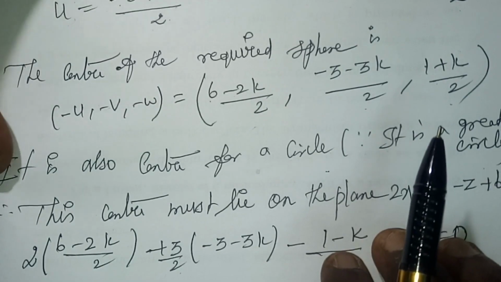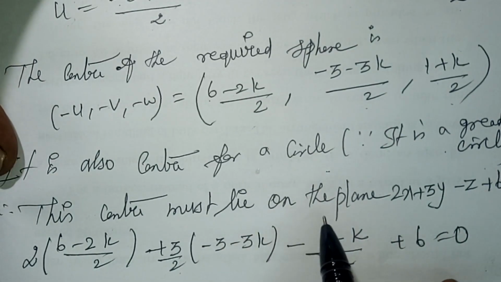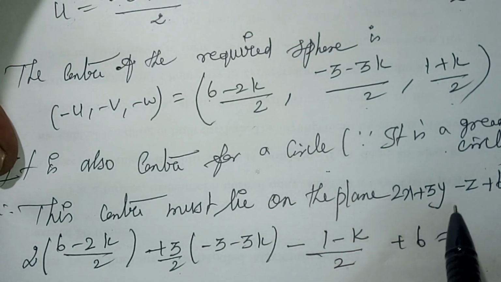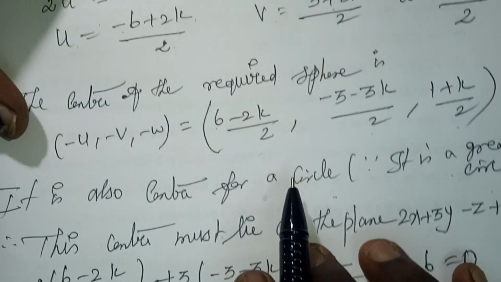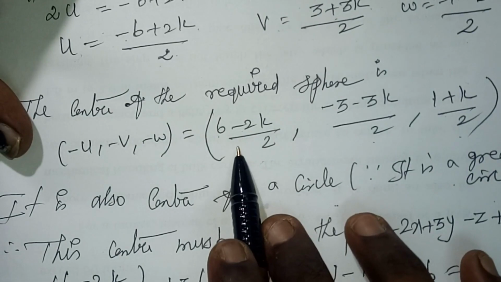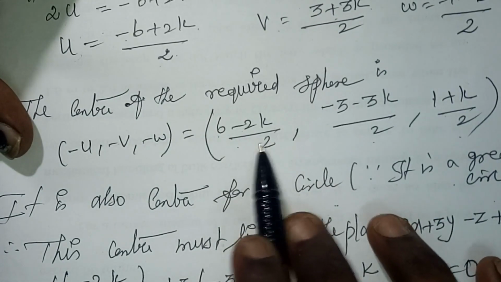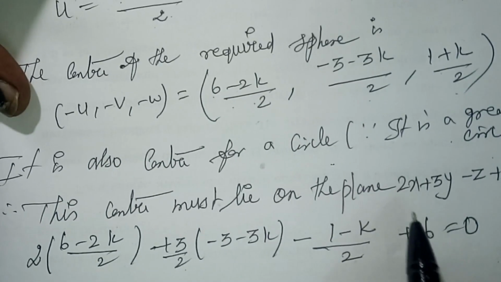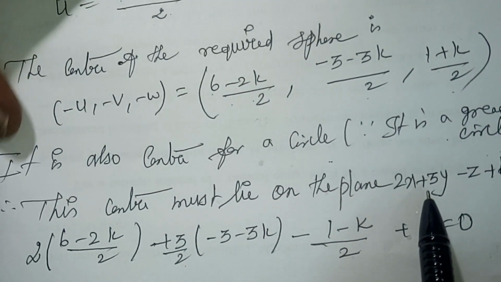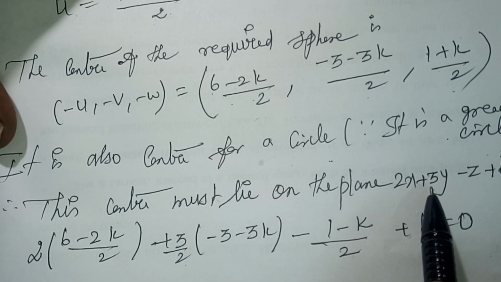Now this center must lie on the plane 2x plus 3y minus z plus 6 is equal to 0. So now substitute the values: this is the value of x, y and z. Substitute it in the equation of the plane because the center lies on the plane.